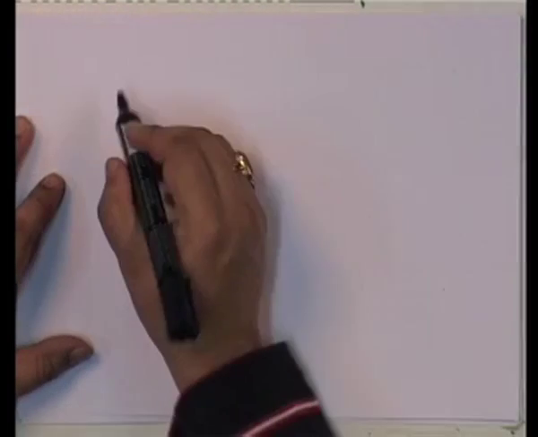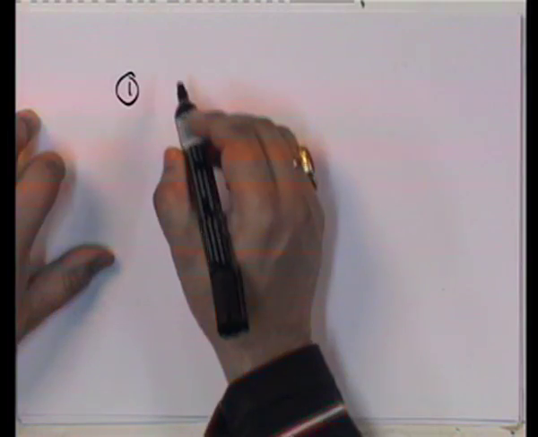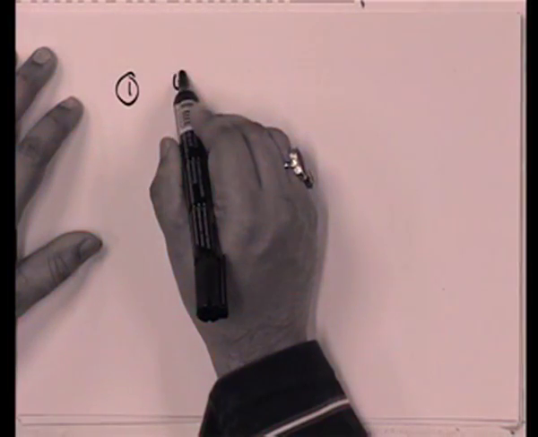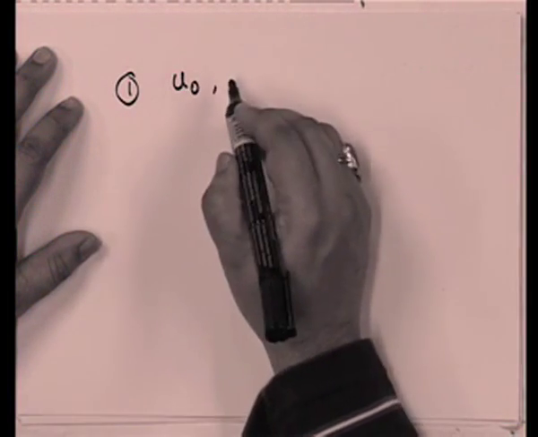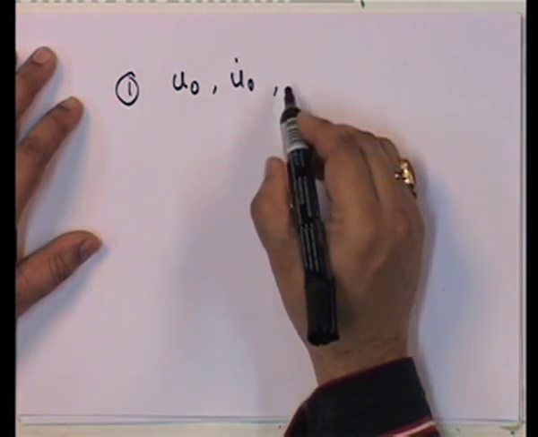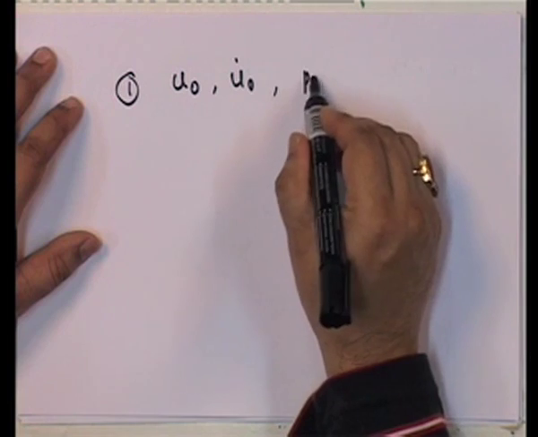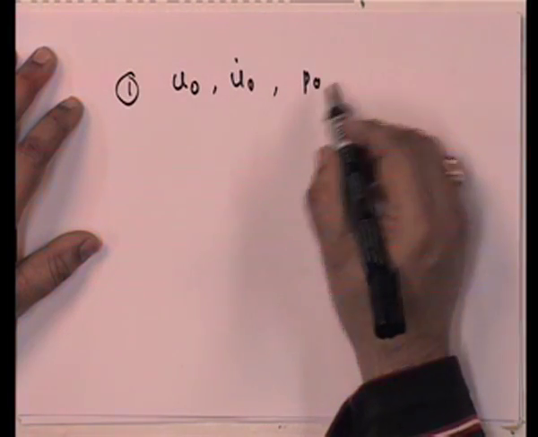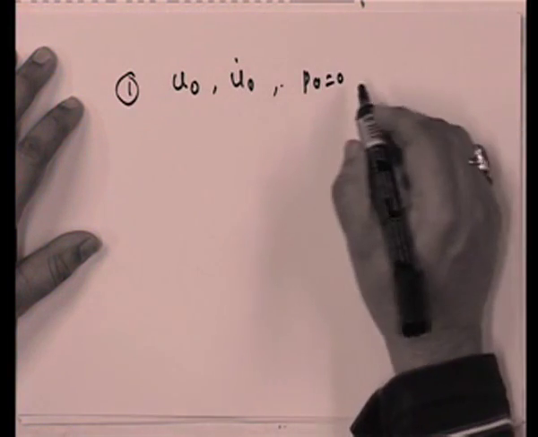Okay. So, essentially what does the problem then look like? How do I start? I start off by, look, I know u 0, I know u dot of 0, and I know p 0. Typically p 0 is always equal to 0.